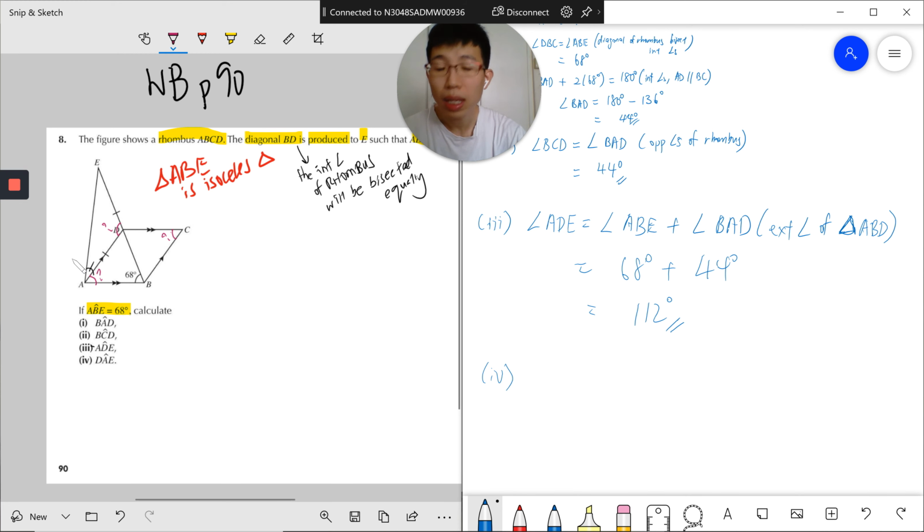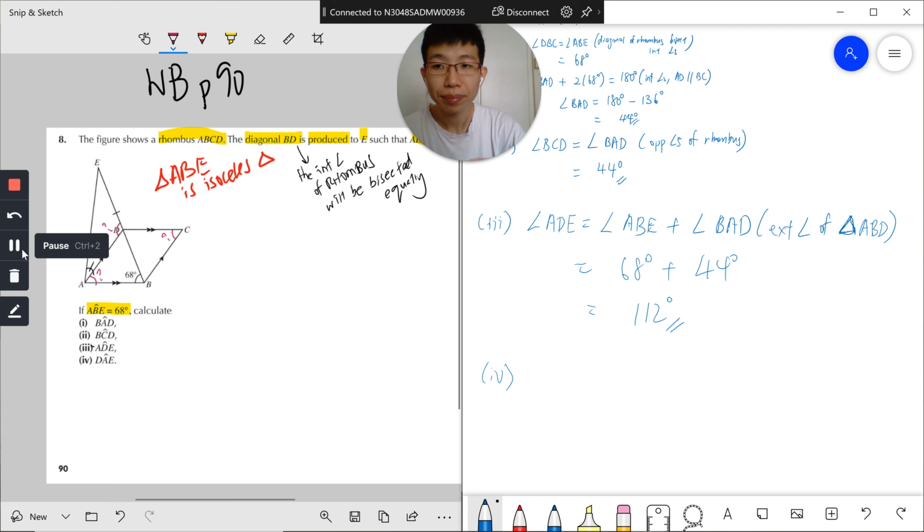In order to use this property, you need to have at least 2 angles out of the 3. Since you want to find this angle here, which is equal to the angle on top, you can take 180 minus our answer in part 3, because it's angle ADE. 180 minus 112, and divided by 2 because these 2 angles are the same.